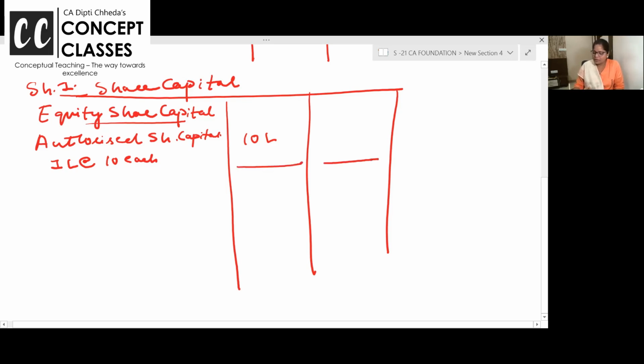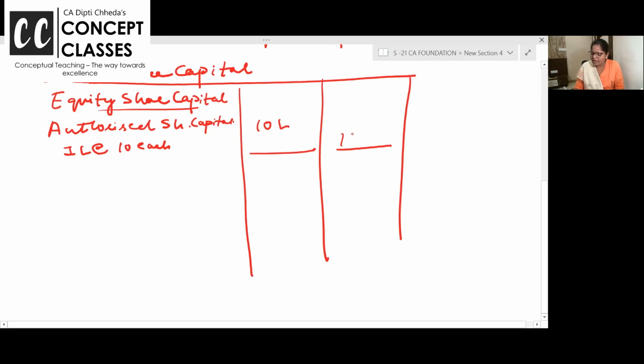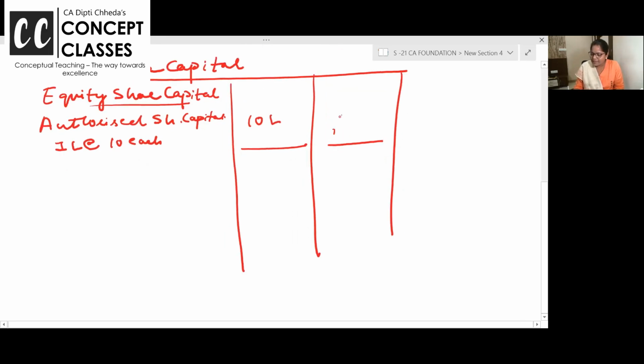And put a line across. Why? Authorized capital is like a limit. You have sanction from the ROC, the registrar's office. For this company, we may need 1 lakh shares at 10 each. This is the maximum limit.